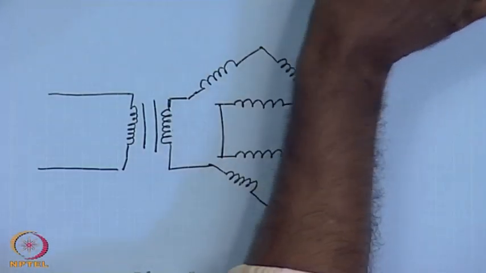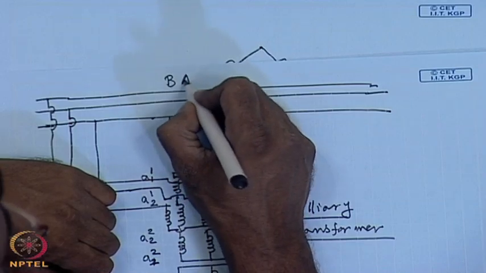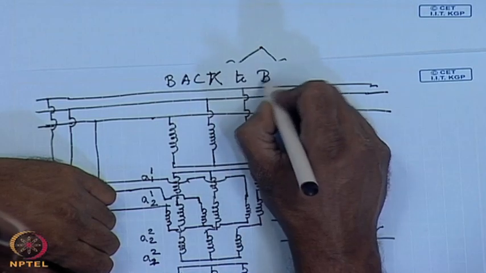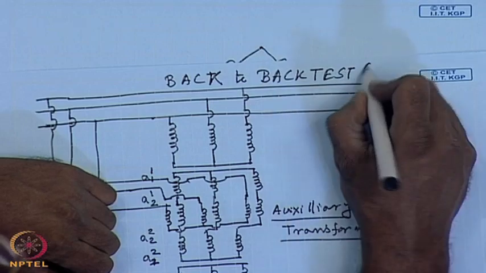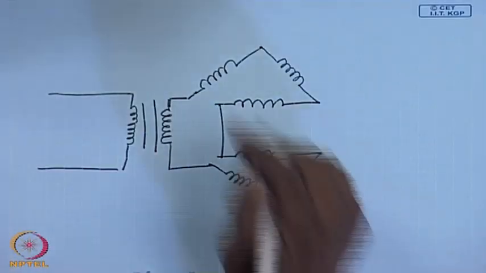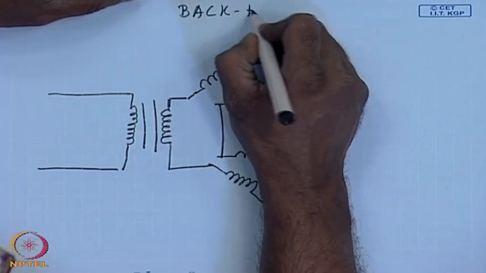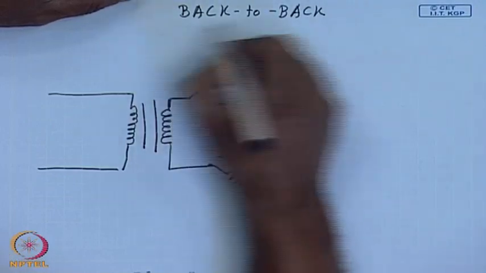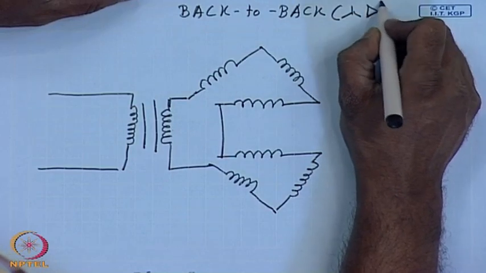So, this is the back to back test with star connected transformer. This is the back to back test with star delta transformer.